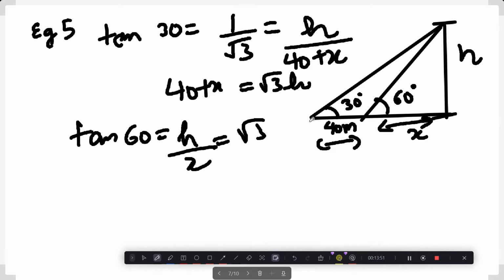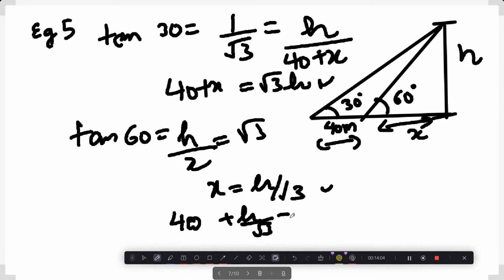We need to actually find the height of the tower, right? So what is x? X is h by root 3. Substituting the value of x here, 40 plus h by root 3 is equal to root 3h.